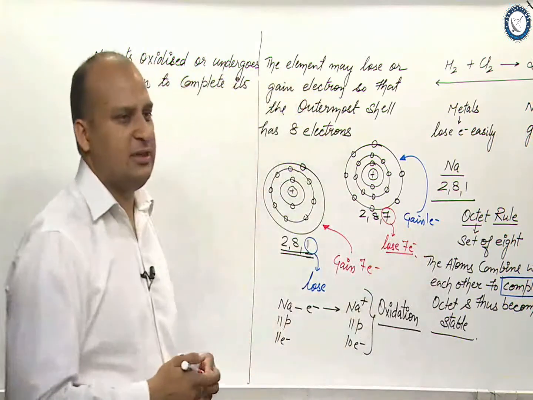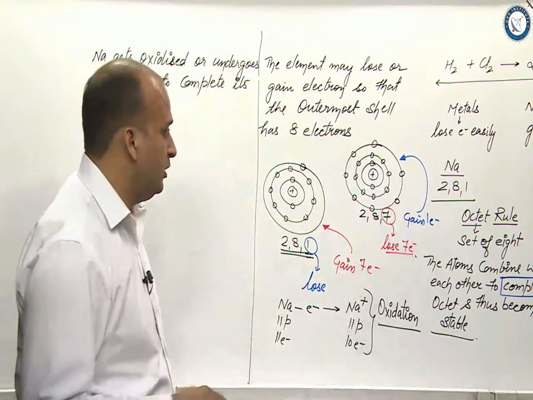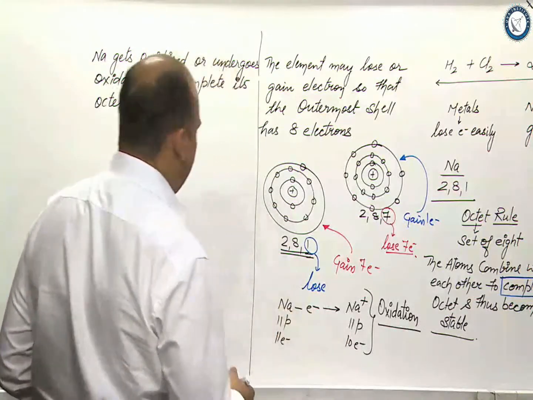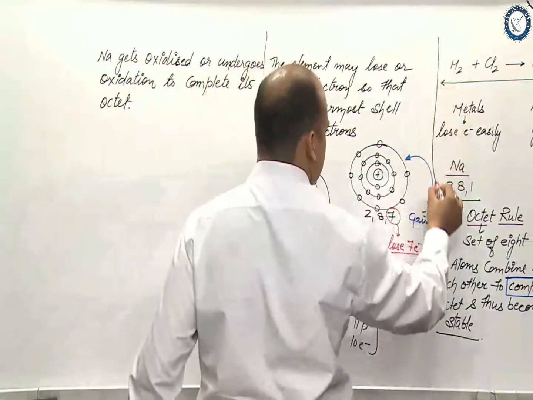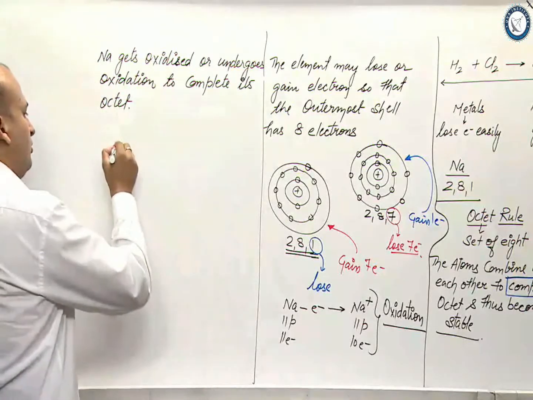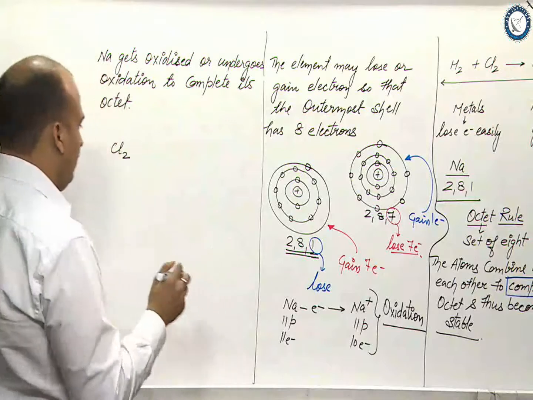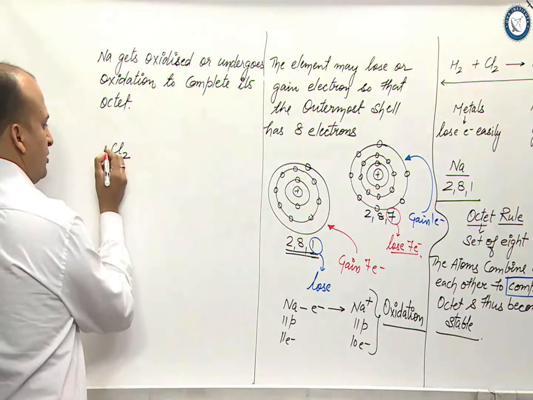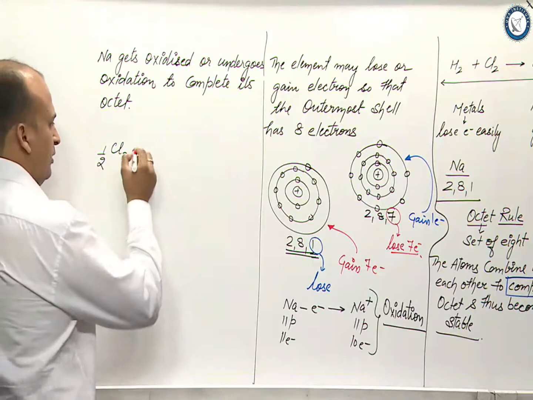So, we will say, sir, it is easy for chlorine to gain 1 electron, right? Now, when chlorine is gaining 1 electron, you will say Cl2 because chlorine exists as a molecule. Okay, so there are 2 atoms in this molecule, so half Cl. So now it is 1 atom.